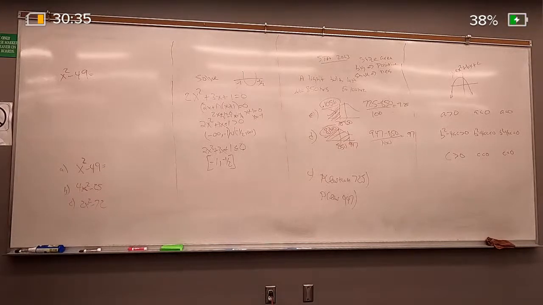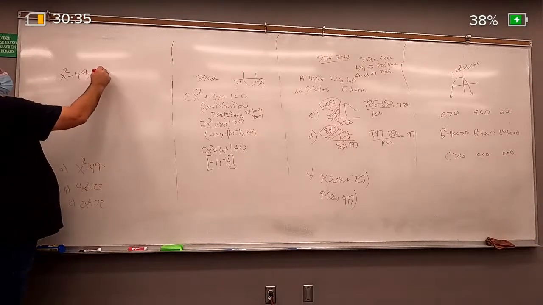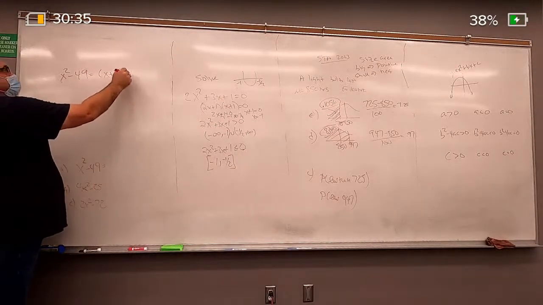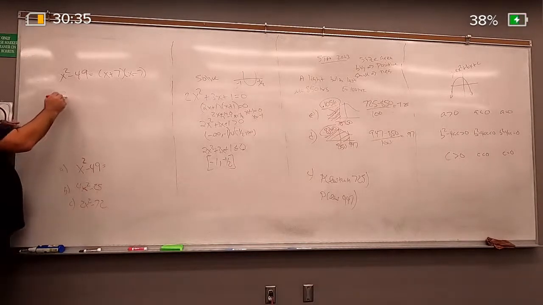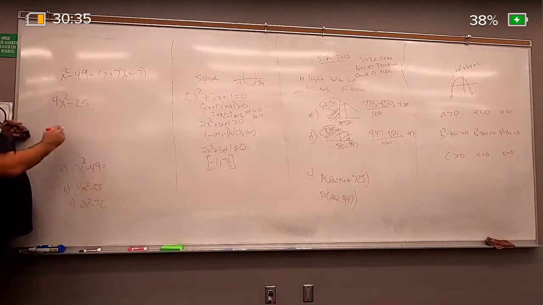All right. x squared minus 49. What did you get? x plus 7 and x minus 7. Good. 4x squared minus 25. Okay, so let's go through what you're looking for.